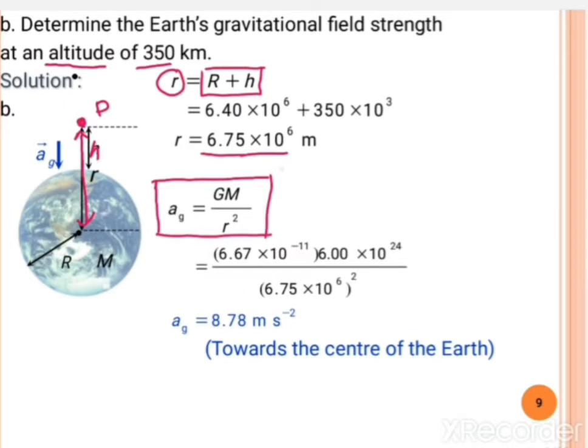So the value of r here is 6.75 times 10 power of 6, squared. So the value of a equals 8.78 meter per second squared. The direction is towards the center of Earth.